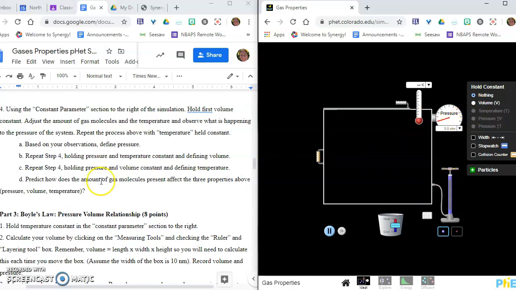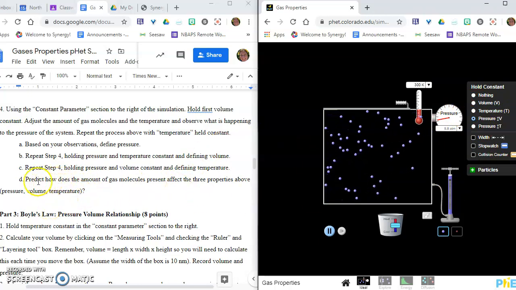Okay, we're going to hold pressure and volume constant. Okay, so we're going to keep pressure constant and volume constant.